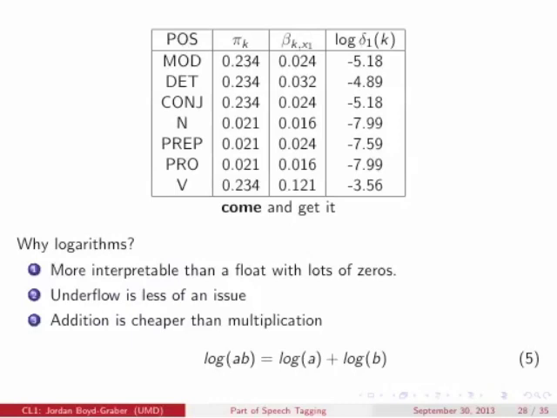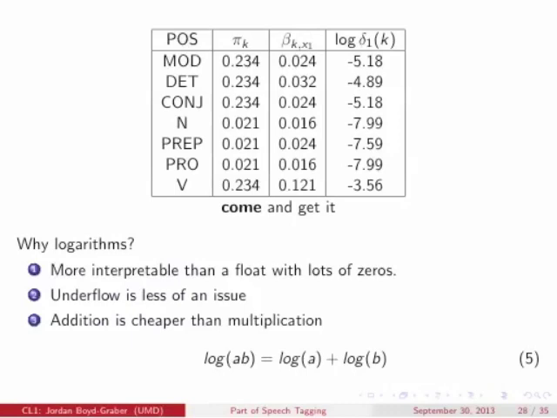You've noticed that I've taken the log of this. Why did I take the log of the probabilities? One, we're going to be comparing a lot of probabilities here, and it's easier to tell whether a number is larger or not when you've taken the log if it's a very small number, because otherwise you're just counting zeros.